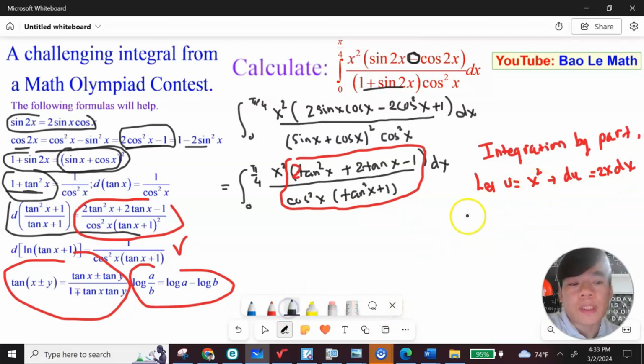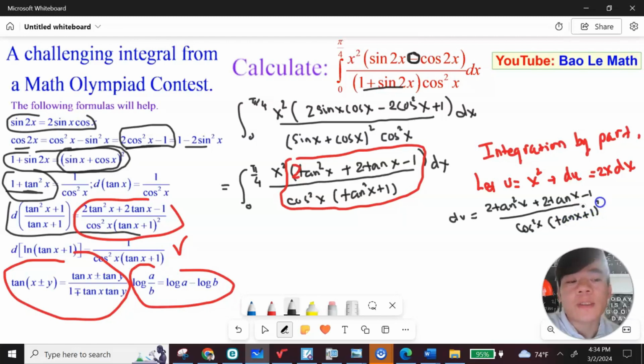So I have dv equal 2 tangent squared of s plus 2 tangent s minus 1 over cosine squared of s times tangent s plus 1 squared. And then v equals tangent s plus 1.